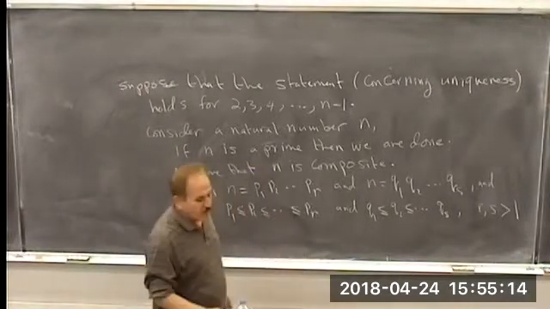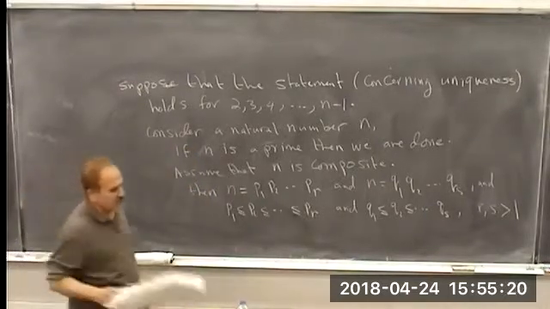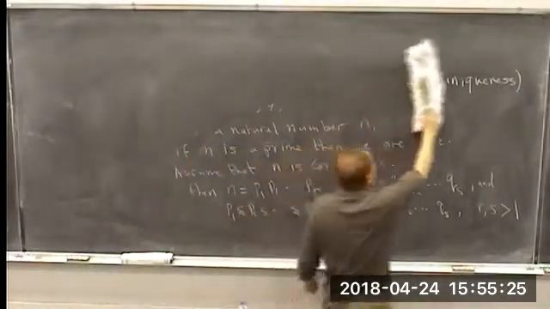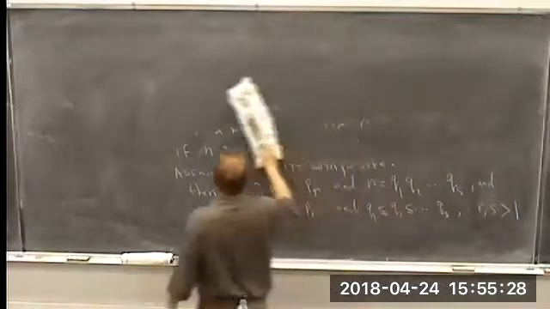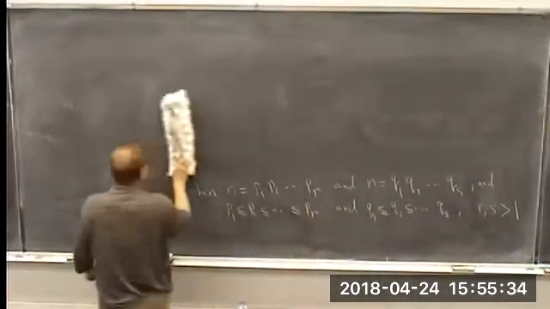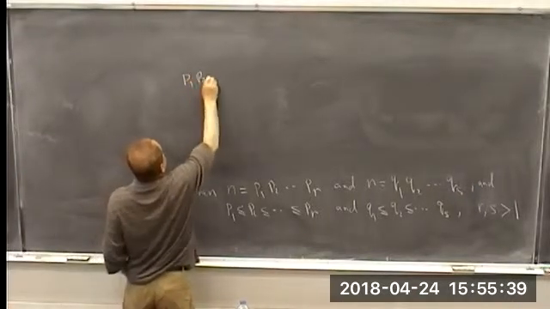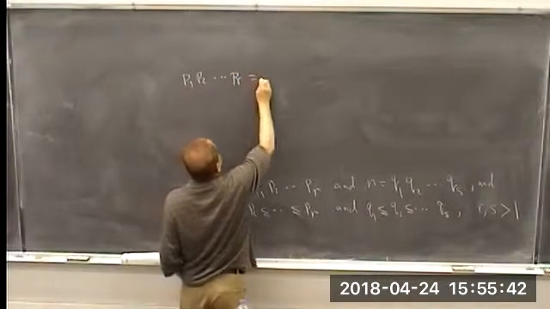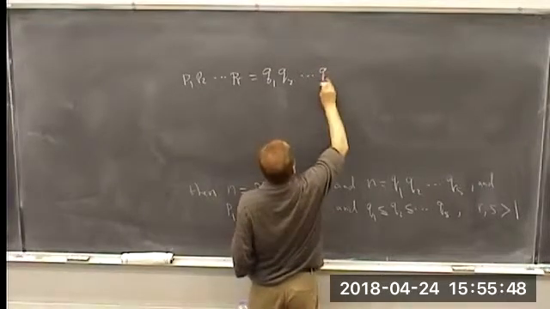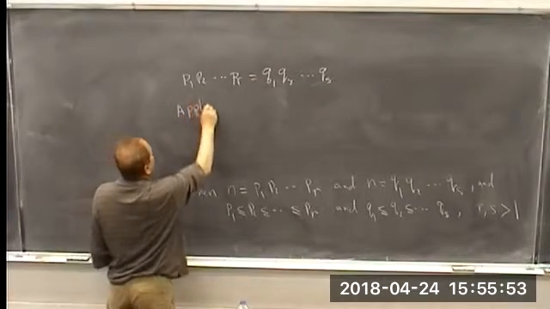All right, now let's look at applying corollary 2. So let's write this down. We have P1, P2 up to Pr is equal to Q1, Q2 up to Qs.